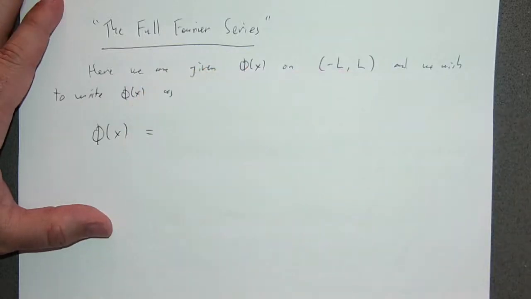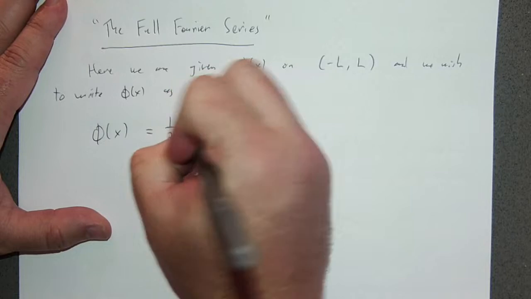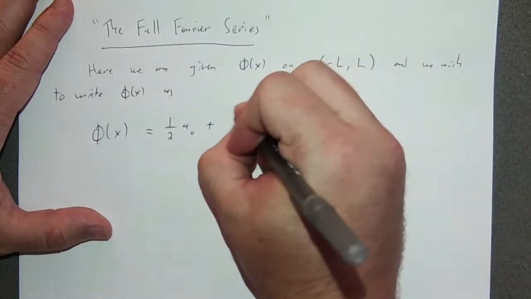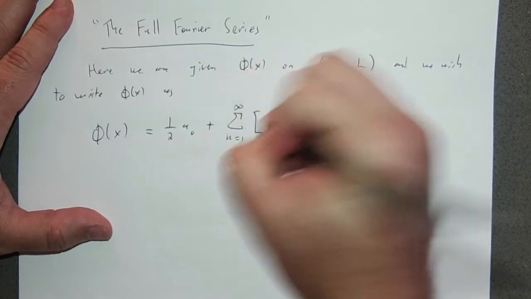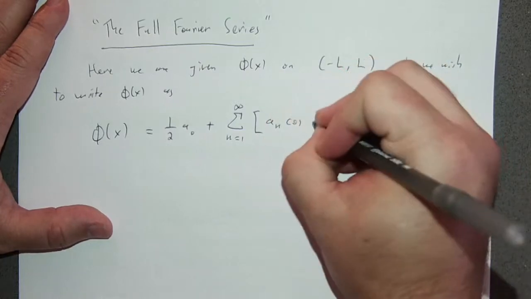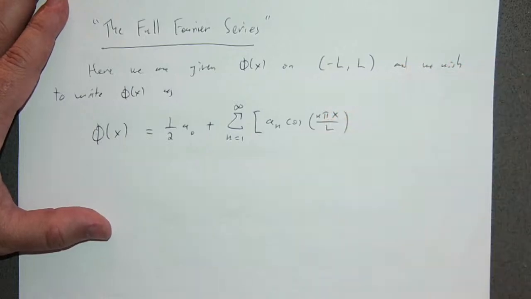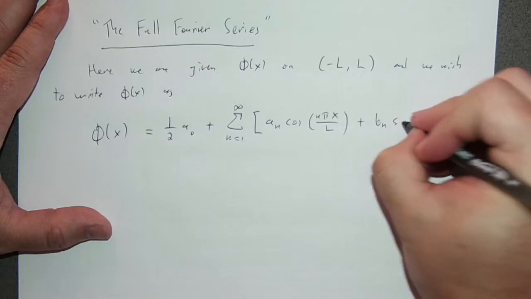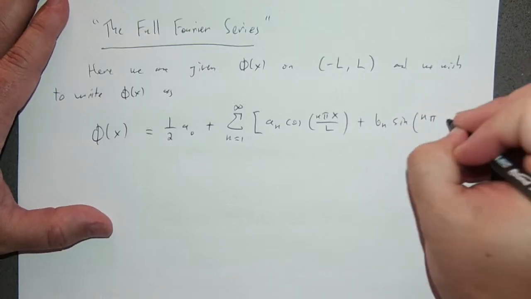So we want to write phi of x as 1/2 a naught plus a sum from n equals 1 to infinity of the following: a sub n cosine of n pi x over L plus b sub n sine of n pi x over L.